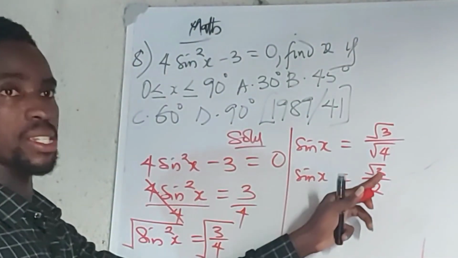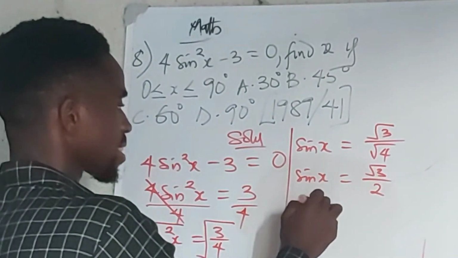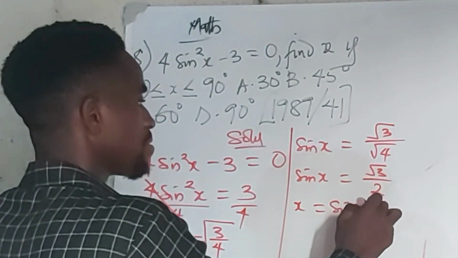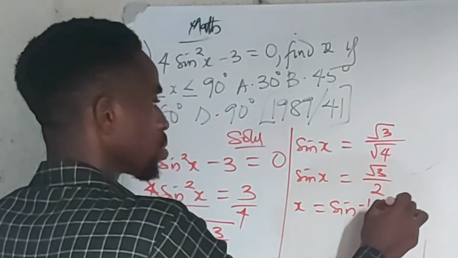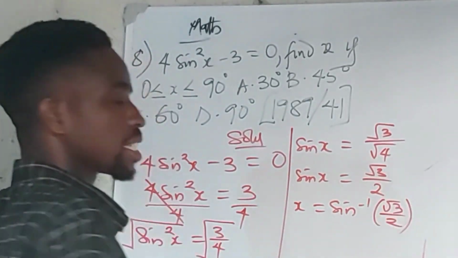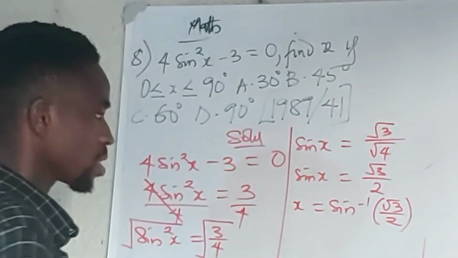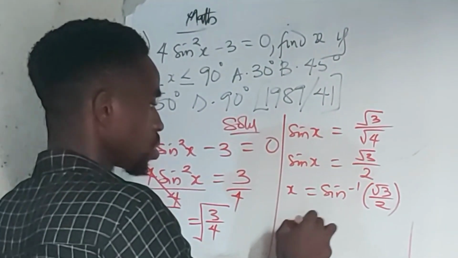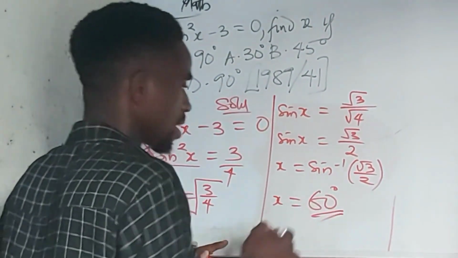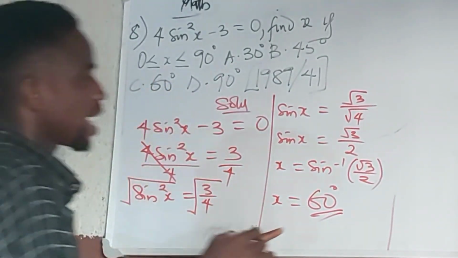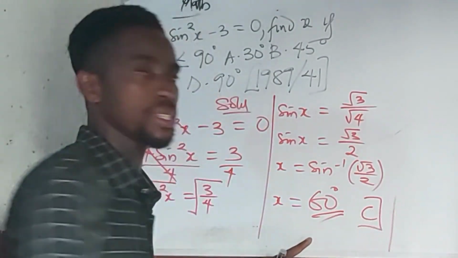So sine x is root 3 upon 2. So x is sine inverse of root 3 upon 2. So which angle will the sine give us root 3 upon 2? So the sine inverse of root 3 upon 2 is 60 degrees, as we know from the table. So our answer is option C. That's the correct answer.